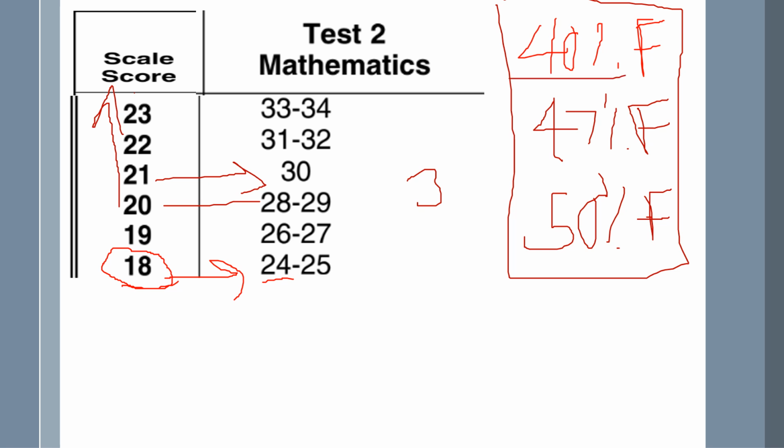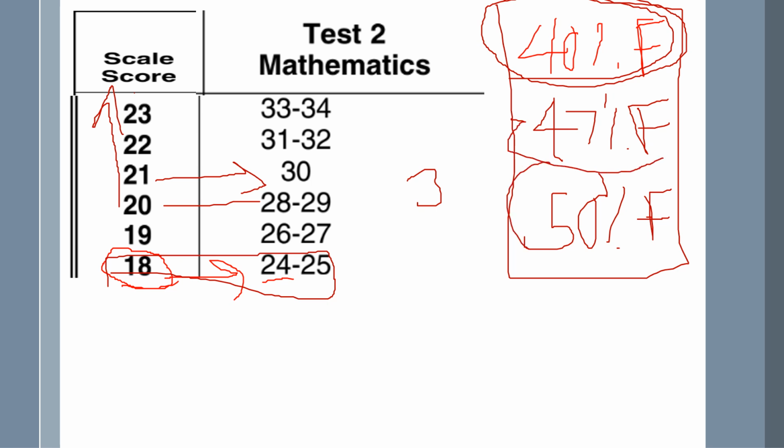The 40% is what is asked from you by the district. The district is asking you to score a minimum of 40. To get the money, you have to get a 20 or above, and that's 47%, and then 50%.